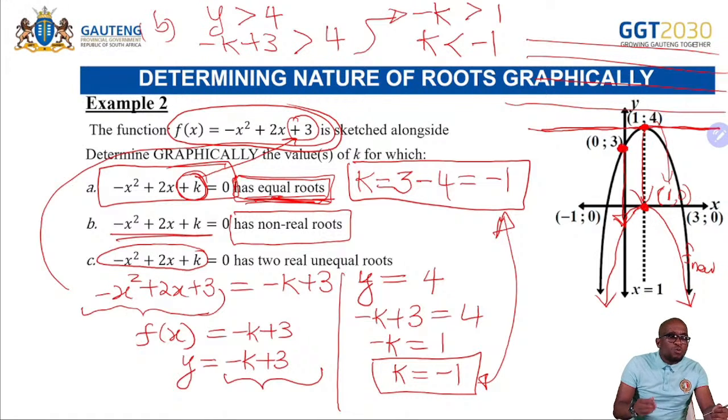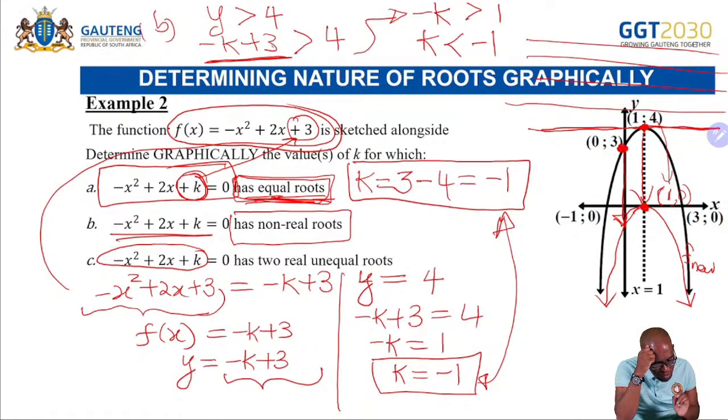Let's look at this again. For this graph to have non-real roots, y should be greater than 4, but y is negative k plus 3.